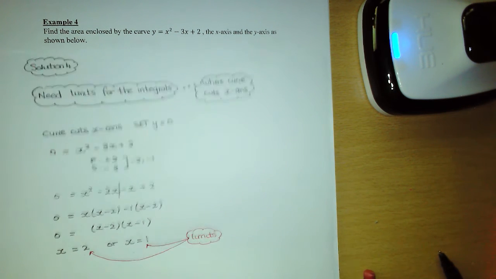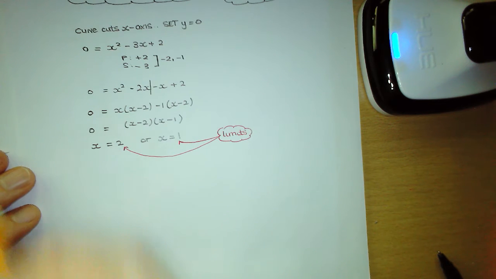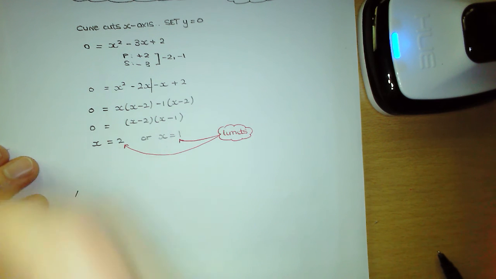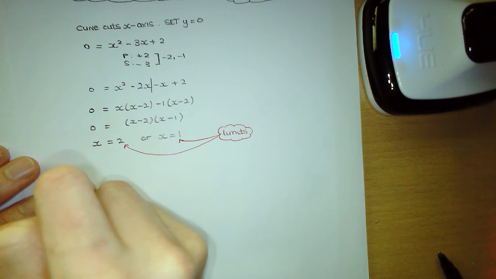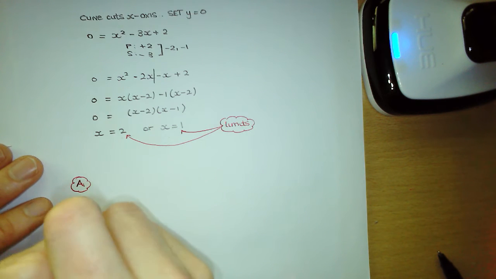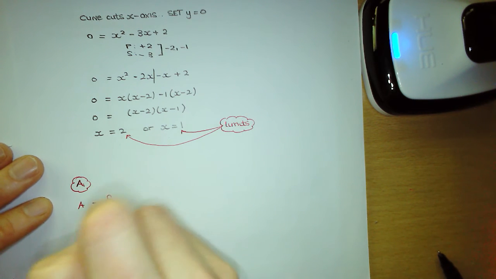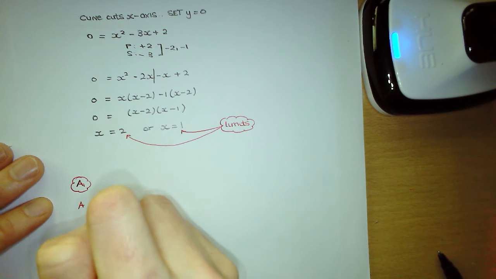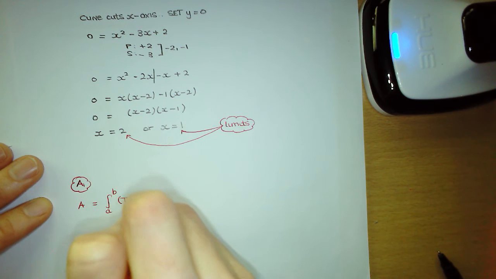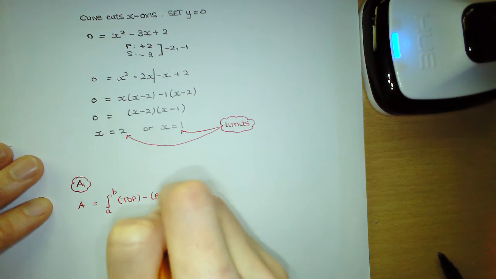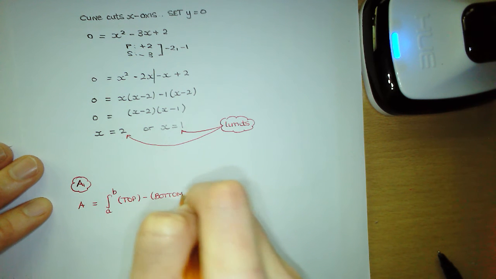So for area 1, the formula A equals the integral, and then we have a and b are the limits, and it's top minus bottom dx.